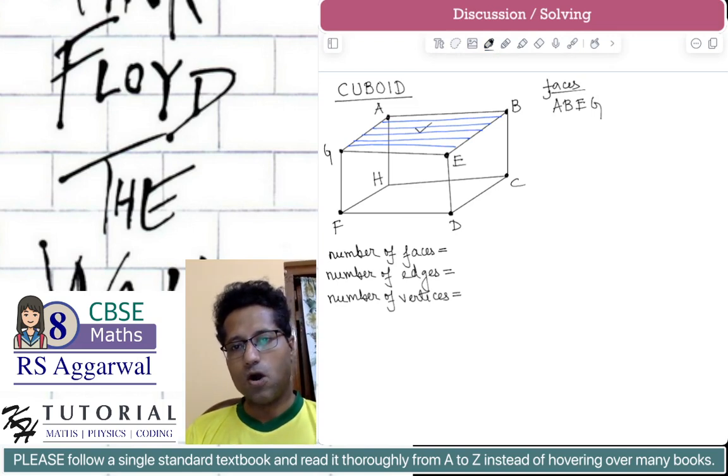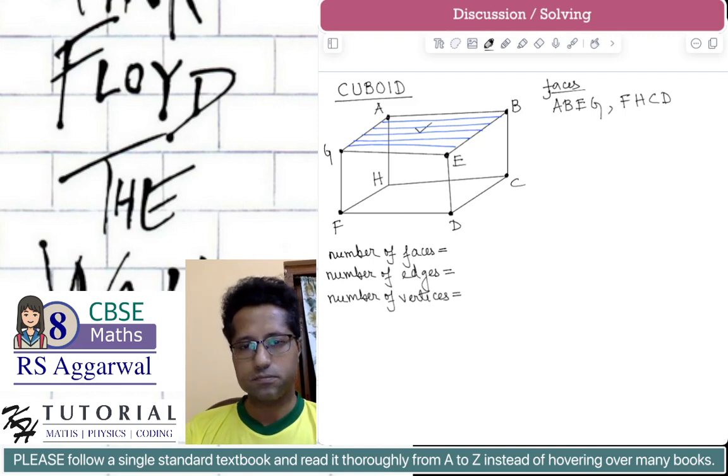Now, the face opposite to ABEG, that is the bottom face of the cuboid, is another face, FHCD. This is the face opposite to the face ABEG. So we have two faces: ABEG and FHCD.